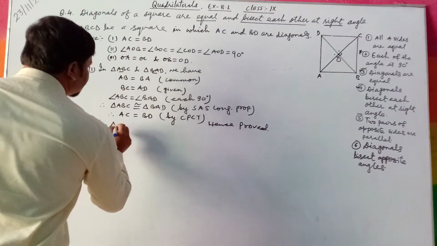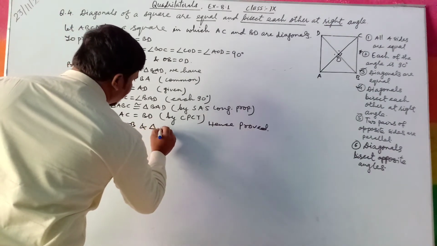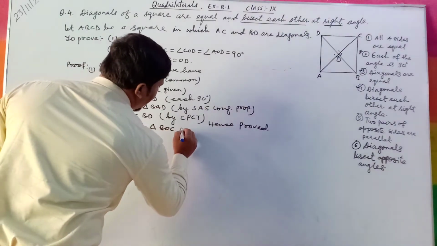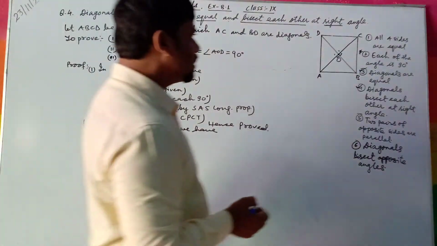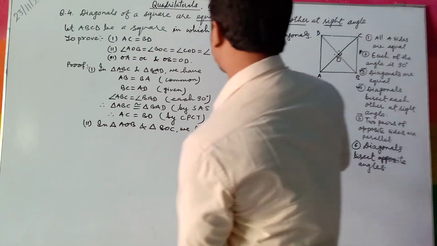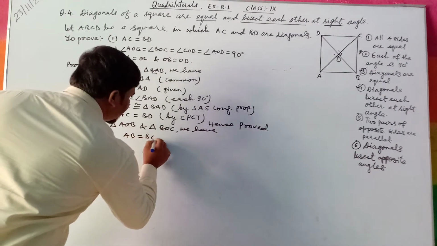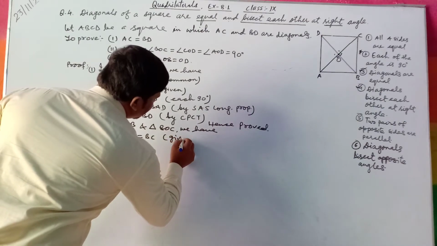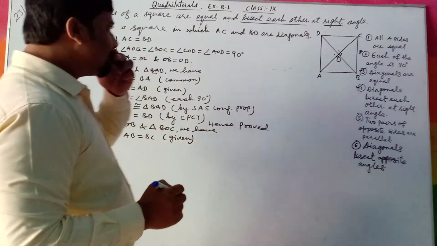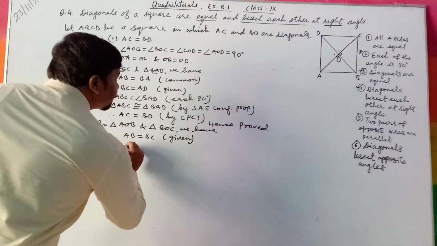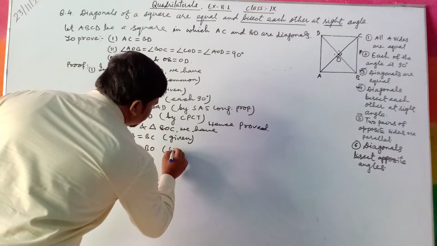In triangle AOB and triangle BOC we have, let's see, find the evidence. AB equals BC. This is given because all sides of a square are equal. BO equals BO, common.